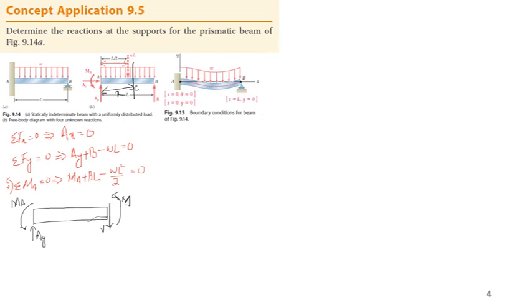And there will be a distributed load, and this distance let me take as x.